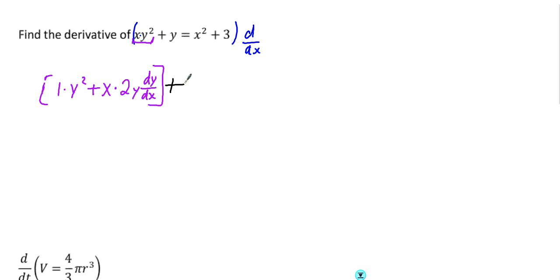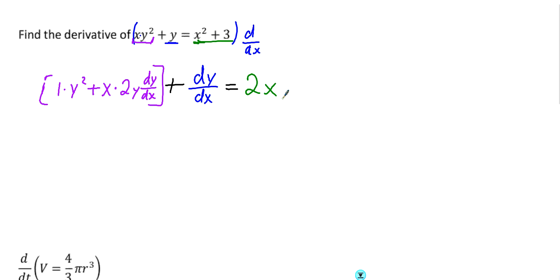Plus, then it's the derivative of y, that's this blue part. The derivative of y is dy over dx, equals the derivative of x squared plus 3, which is 2x. Okay? So there's the derivative.